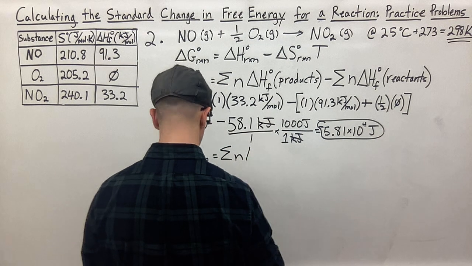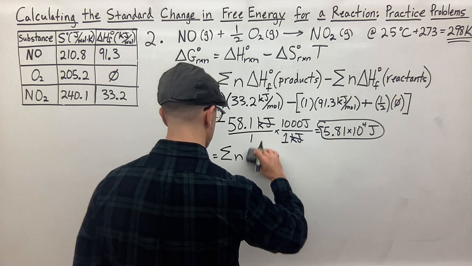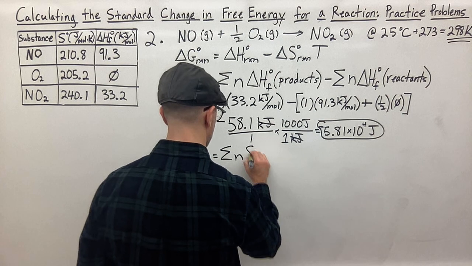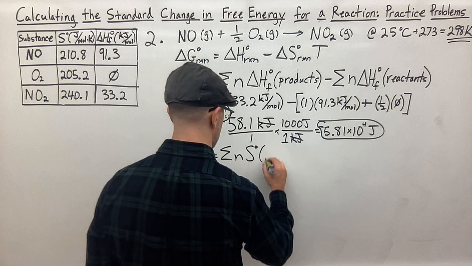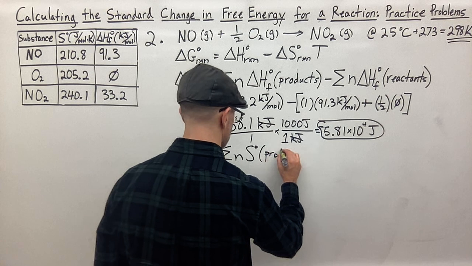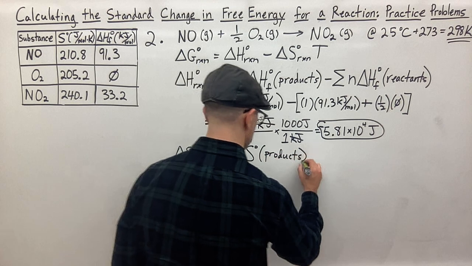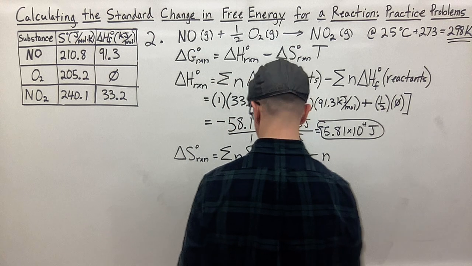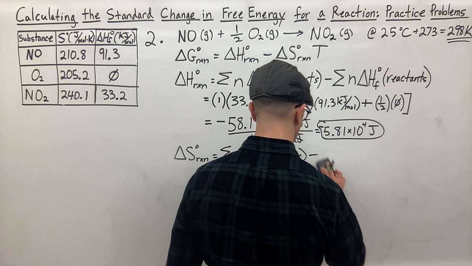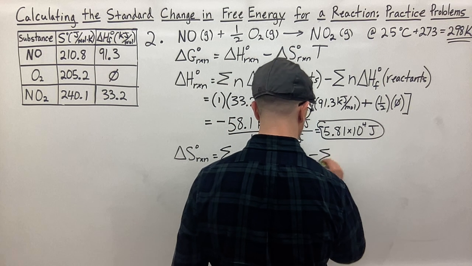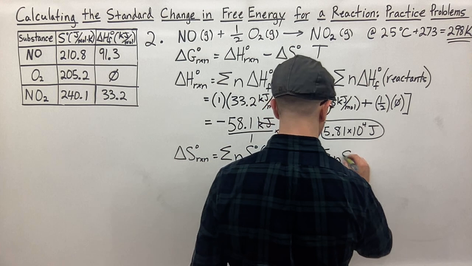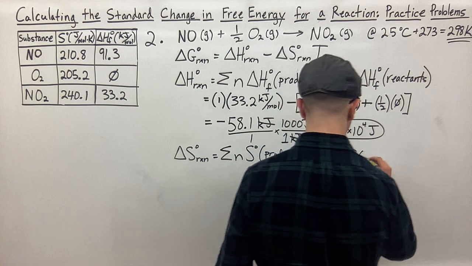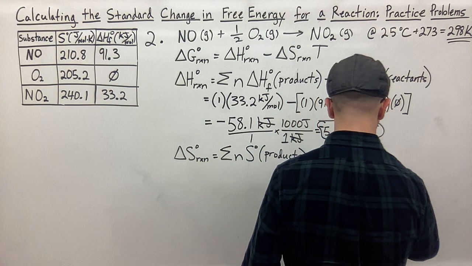So in this case, we're going to use standard entropies of products minus the sum of the standard entropy of reactants.